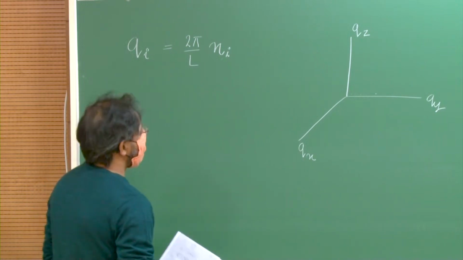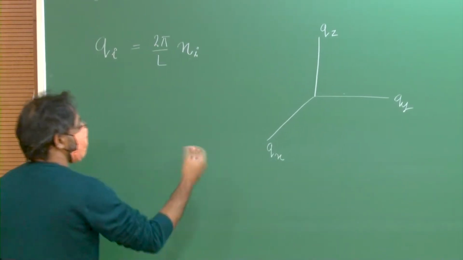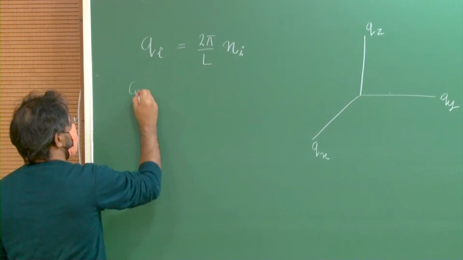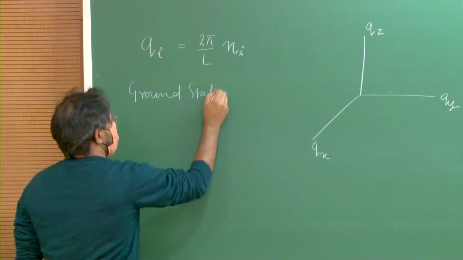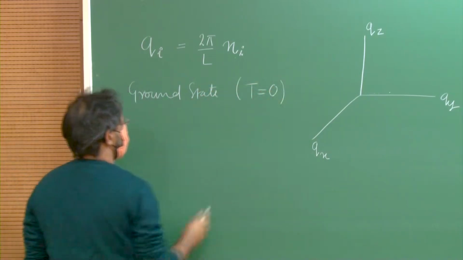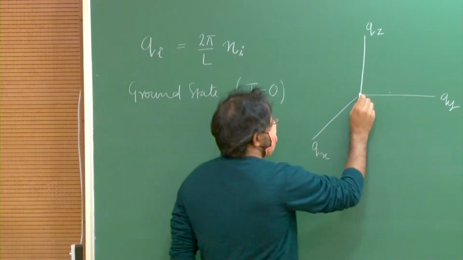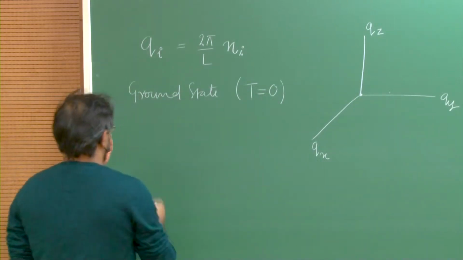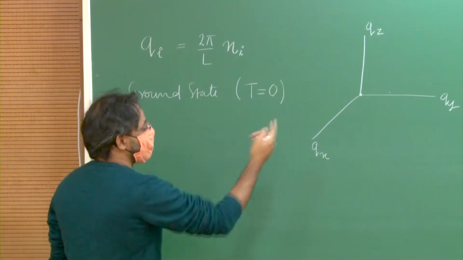Okay. So with this, you started building up the ground state, which is the state at t equal to 0. This is the state where you fill in electrons obeying Pauli's exclusion principle, 2 electrons per q point.